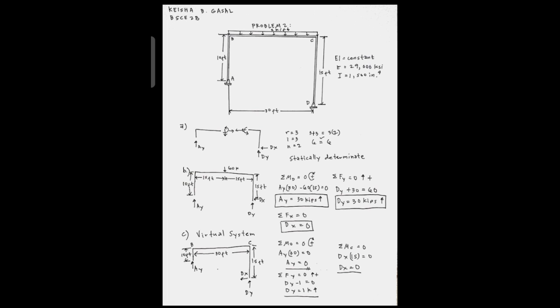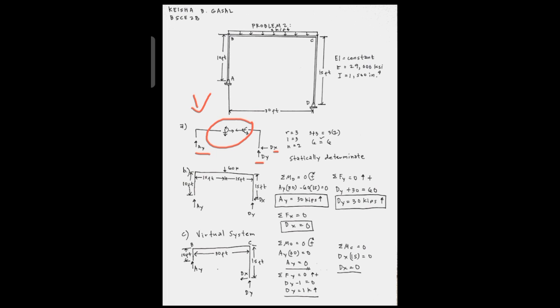So, drawn here is our free body diagram. We can see in our diagram that we have two internal forces, three reactions, which are AY, DY, and DX.